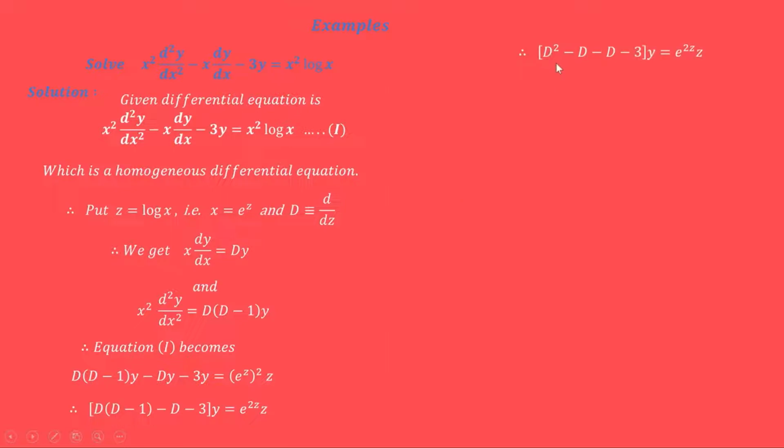So this is equal to D square minus D minus 3y equal to e raised to 2z into z. And so we get D square minus 2D minus 3 into y is equal to e raised to 2z into z. Now this is of the type f of D into y is equal to capital Z. Means this is the linear differential equation.